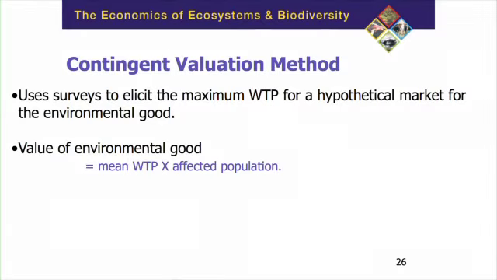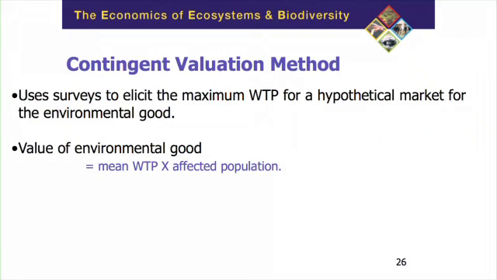So what you basically use is a whole bunch of surveys, and you go out and ask people, what's your maximum willingness to pay, so WTP is willingness to pay, for an environmental good or service. And because there's market failure, due to reasons we described last day, no market exists for this. So you have to create a hypothetical market.